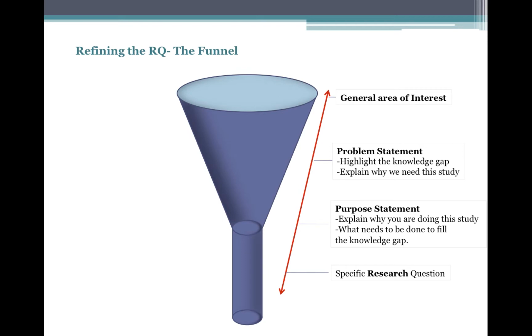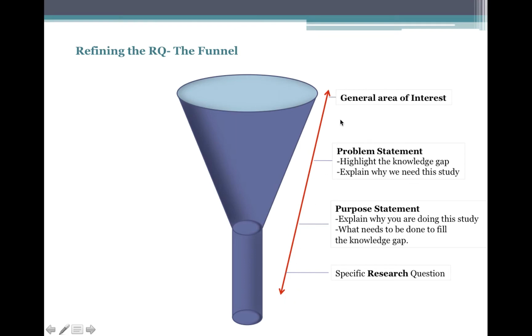And so these two are interlinked. Everything is interlinked. A problem statement articulates an area that you have identified that you think is underexplored, and that is basically the knowledge gap. And lastly, it is after this process that we then arrive at the more focused research question.